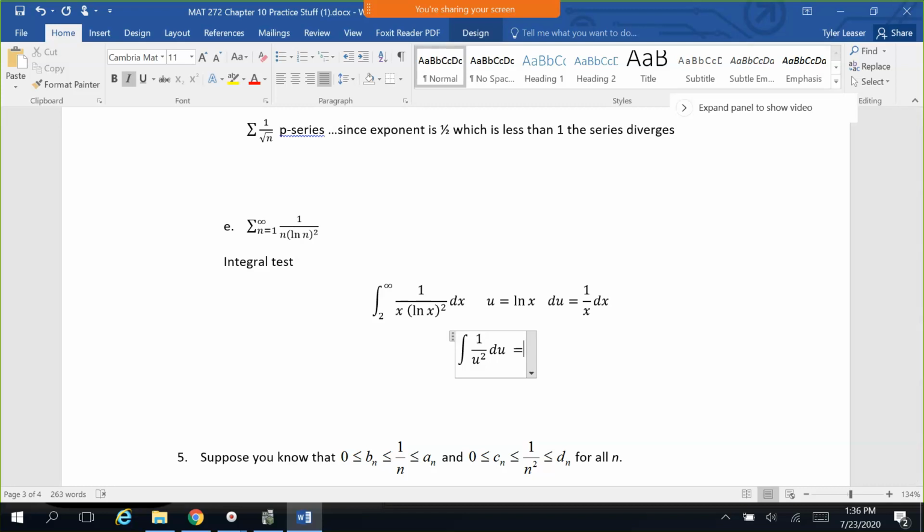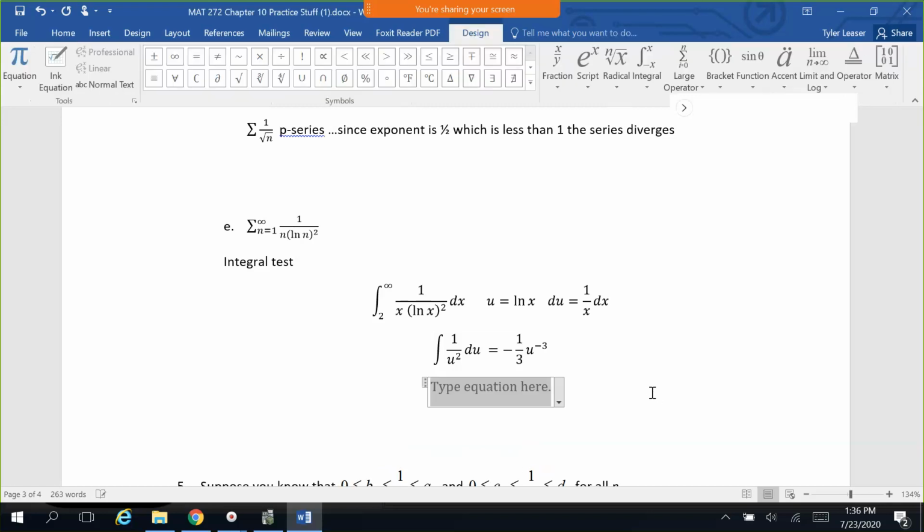This has antiderivative of negative 1/3 u to the negative 3, which, plugging back in the u and worrying about the limits now, let's write it like this: negative 1 over 3 times natural log x all cubed, not squared, cubed, from 2 to infinity.